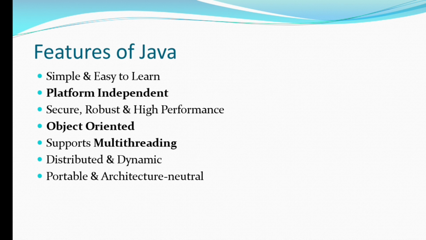Now, object oriented means everything is related to objects, real world entities. We can solve real world problems. Supports multi-threading means to increase the response time, so within less time we can get the output. To reduce the execution time, we use this multi-threading concept.